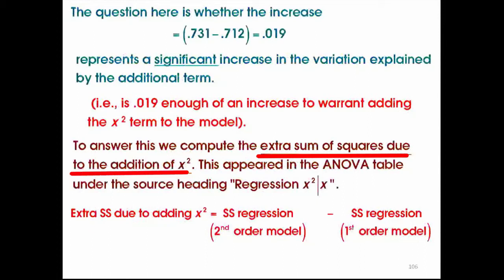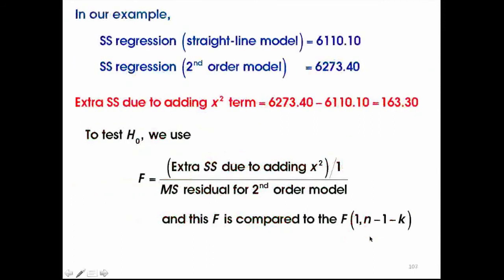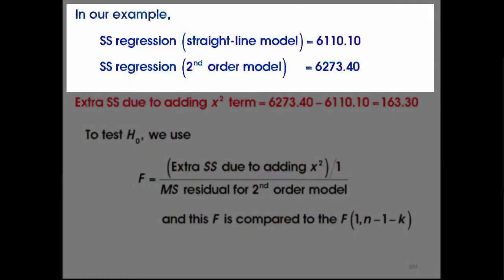And this appears in the analysis of variance table under the source heading regression x squared given x. The way you compute the extra sums of squares, as we talked about, is you take the regression sums of squares of the full second order model and subtract the regression sums of squares of the first order model. In our example, the regression sums of squares for the straight line model was 6110.10.